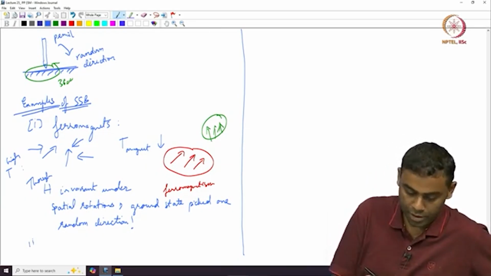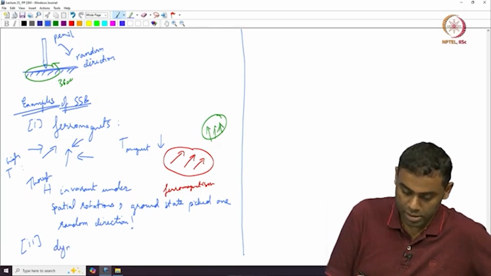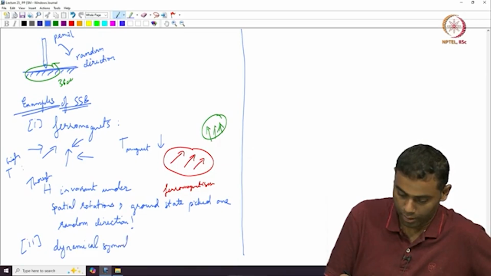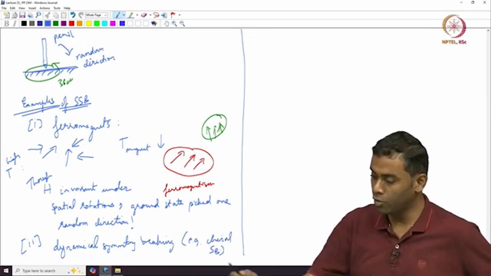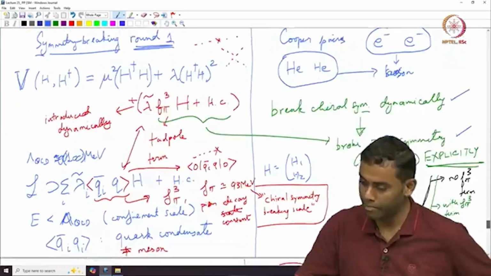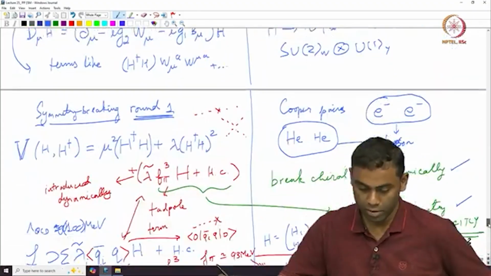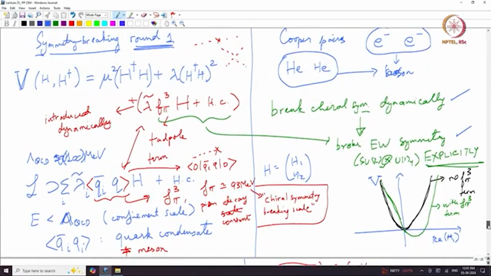Another is something we already saw actually. Remember dynamical symmetry breaking that we saw for the case of chiral symmetry breaking, right, that actually was a spontaneous symmetry breaking. Why? So, let us go back here. Remember that as you cool down, you form these Cooper pair like states which are quark condensates.